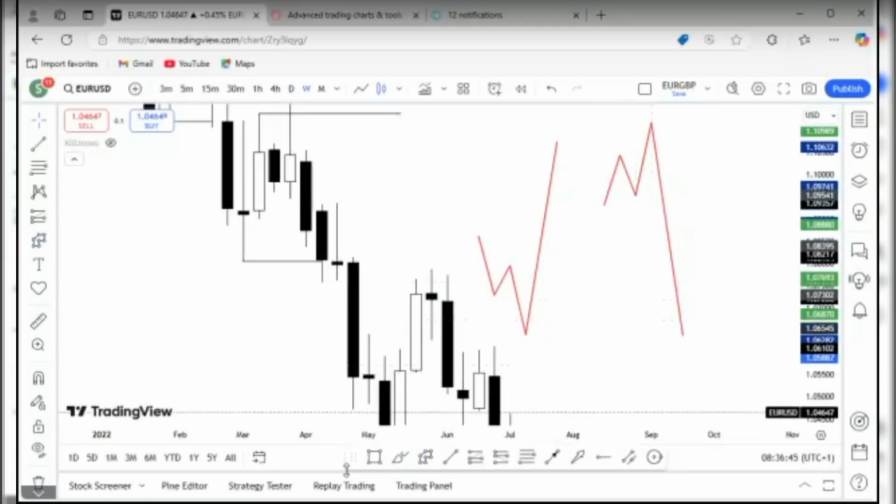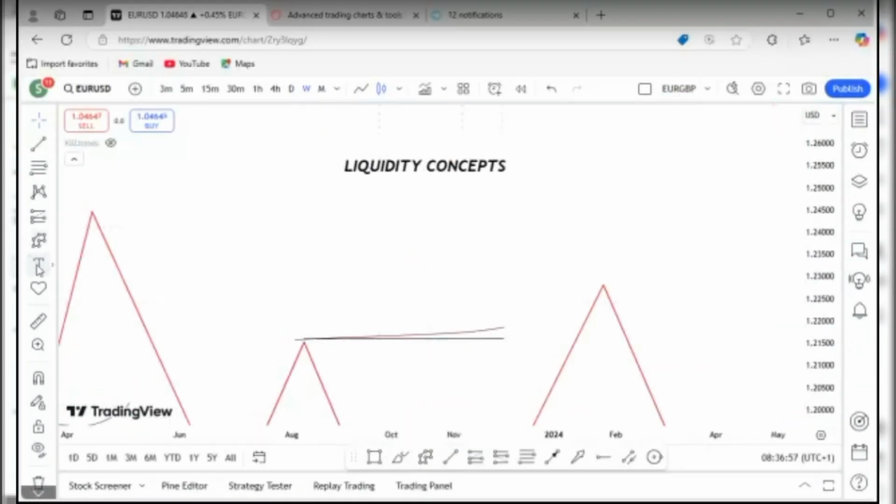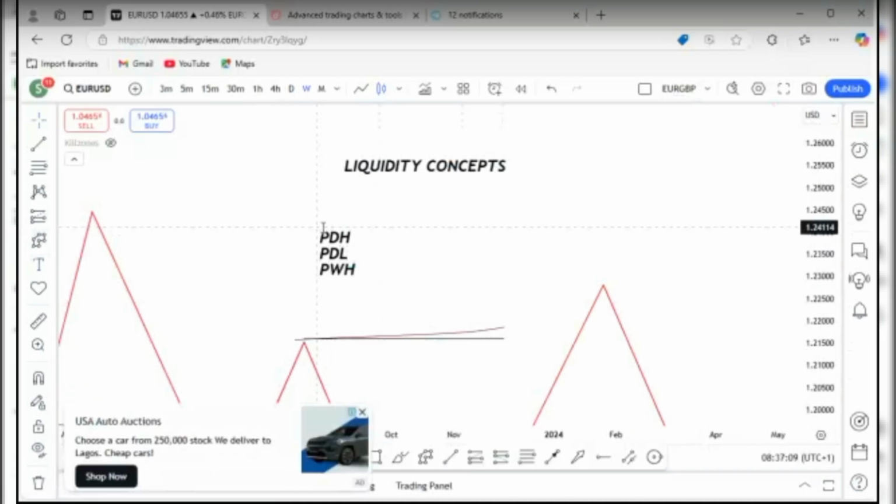So this liquidity can either be, let me put this now, these liquidities can either be previous daily high, previous daily low, previous weekly high, previous weekly low, previous monthly high, previous monthly low, previous H4 high, previous H4 low.